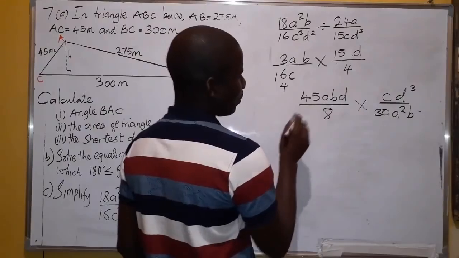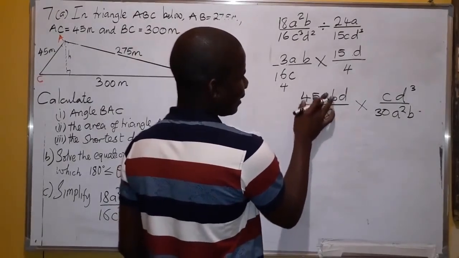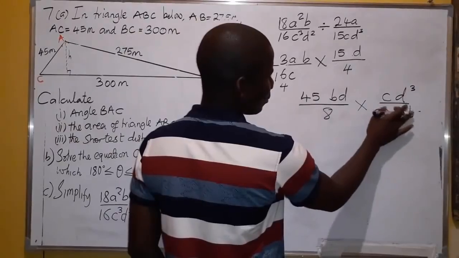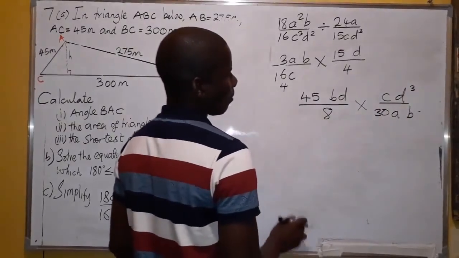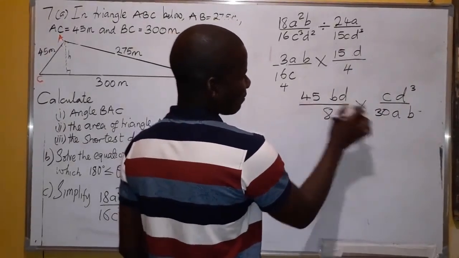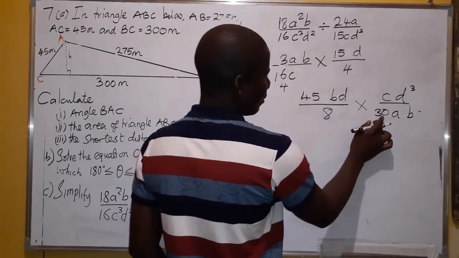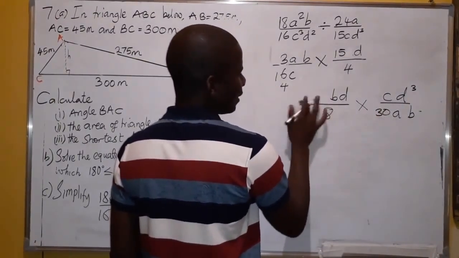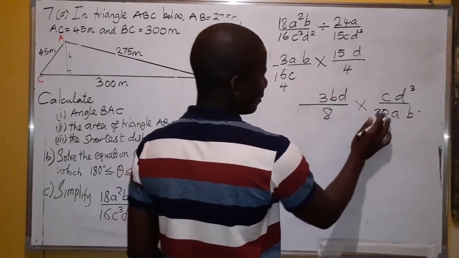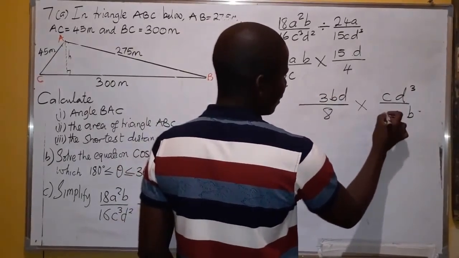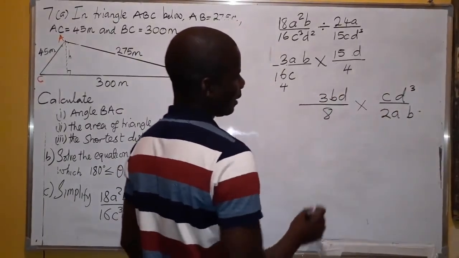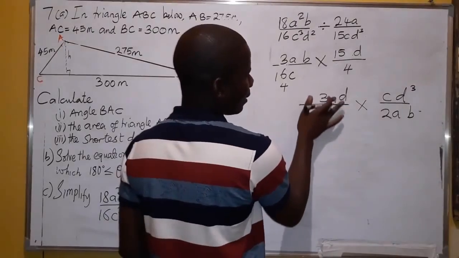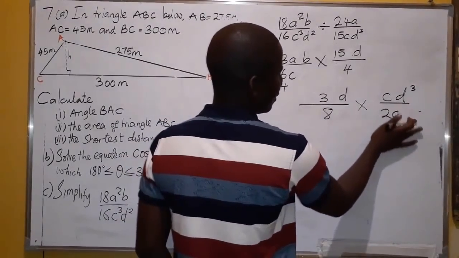Then we come to a here, and here it goes with 1 a. 45 and 30, 15 goes into 45 three times, 15 into 30 twice. Okay, b and this b.